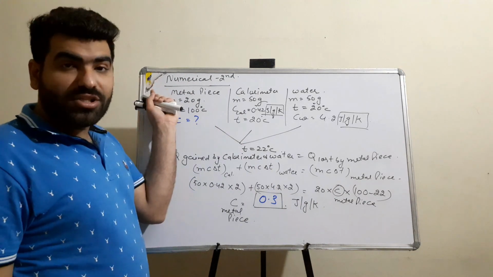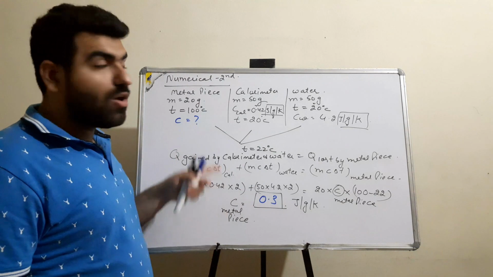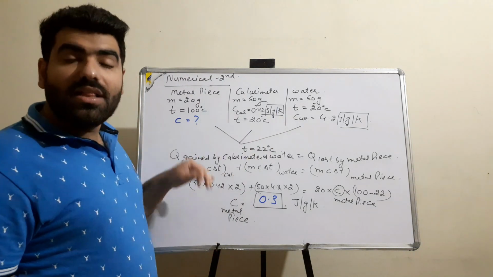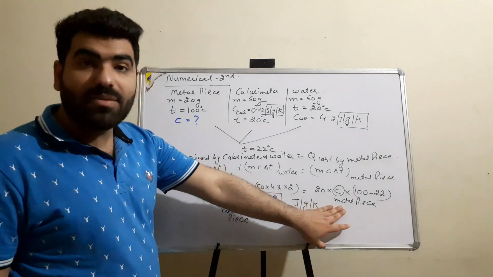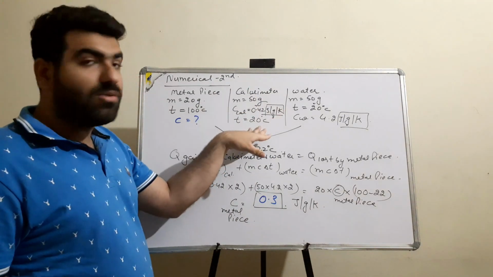Alright, so this was the second numerical, that is the second category of what else we can be asked in the questions. Till the previous question we discussed temperature. Here we have discussed the metal piece. One more variation was the addition of the calorimeter.